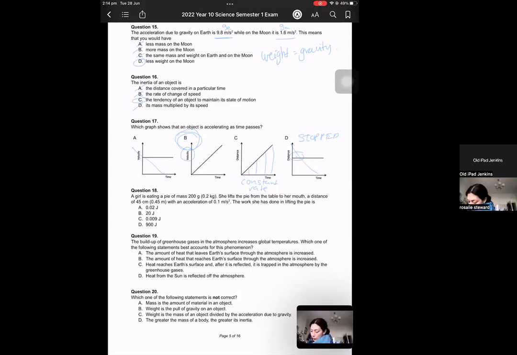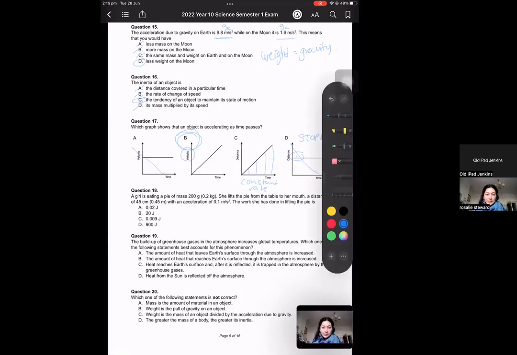Okay, so what's happening here? So she's eating a pie, lifting it to her mouth. That's a distance, acceleration, and so on. So the work she's done, etc. For this one, I believe we have to have 2 separate formulas. Let me just go back and check my sheets again. So what have we got here? We have mass, we have distance, we have acceleration, we want to find work.